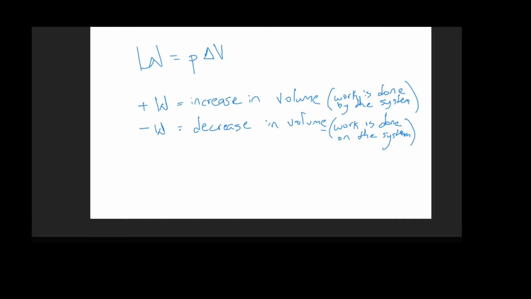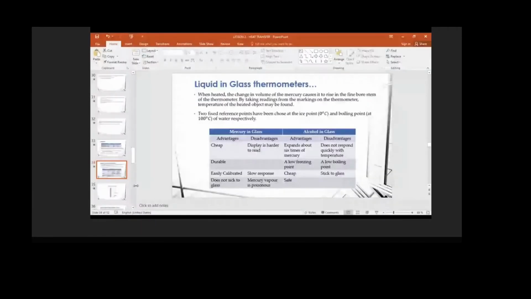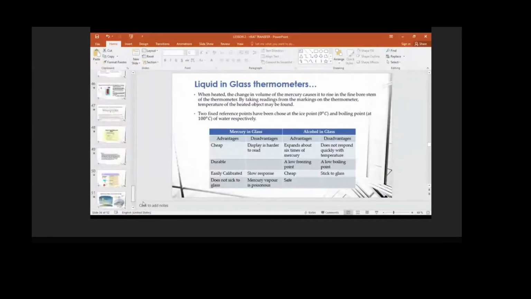All right, so let's get back to this part now, which just tells us about the different thermometers. I think we will soon finish.